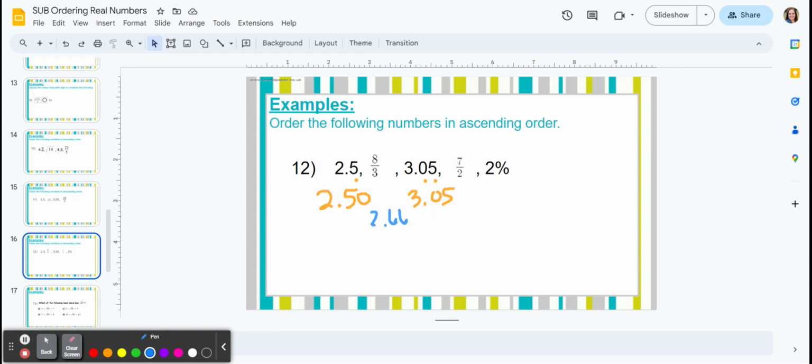And then we have 7/2. So 7 divided by 2. We have 3.5. And we're going to, again, hundredths place, so 3.50. And 2%. Oh, that's 2. And every percent's out of 100. So 2 divided by 100 is 0.02.